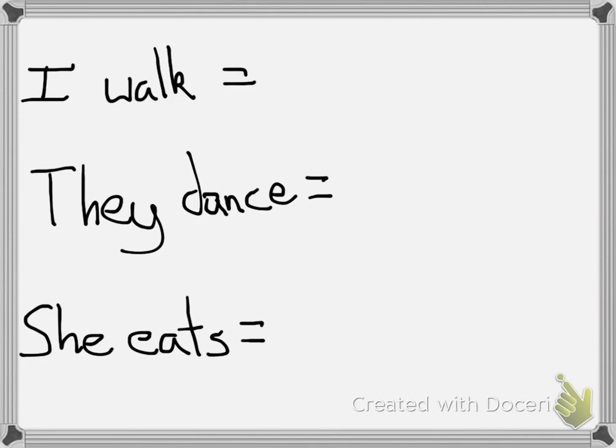So for I walk, the verb is caminar. Okay, and we have our subject pronoun yo. If I'm following those rules of conjugation, I erase my final 2 letters here, and then I need to add in my appropriate ending, so I end up with yo camino.